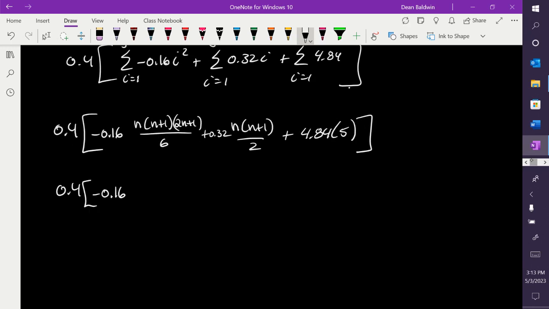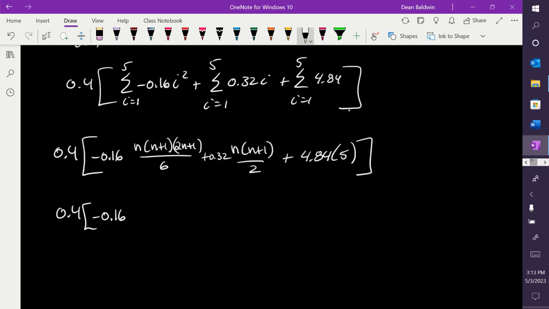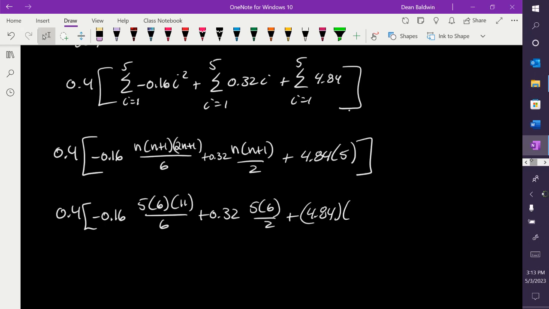This is going to test your calculator skills here. 5 times 6 plus 11 over 6, plus 0.32 times 5 times 6 over 2, plus whatever this is, 4.84 times 5. All right. Punch that into your calculator. I wouldn't do it all at once. I'd do it in bits.